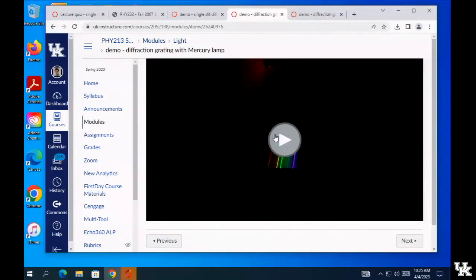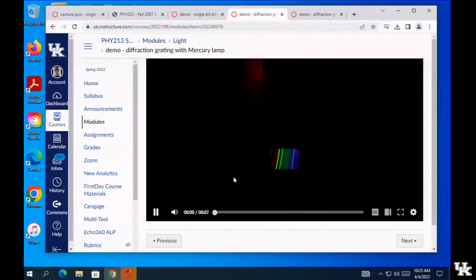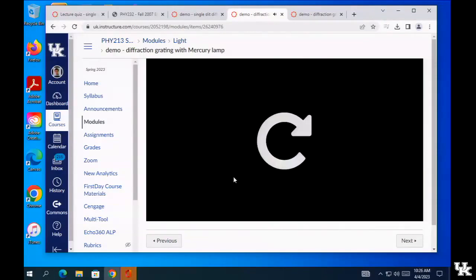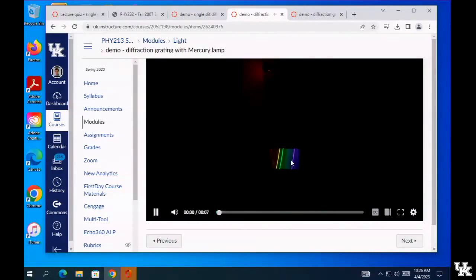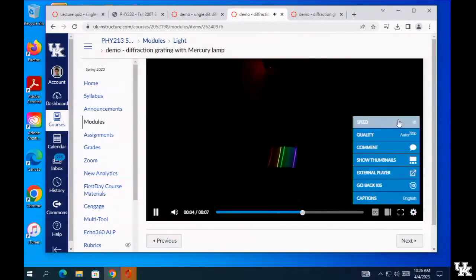So this is a movie of using one of those diffraction gratings with the hydrogen lamp. And this is the pattern that we saw. Look, there's violet at one end, there's red at the other end. This is the signature of hydrogen. It's a bit of a short movie, so we'll show it again.